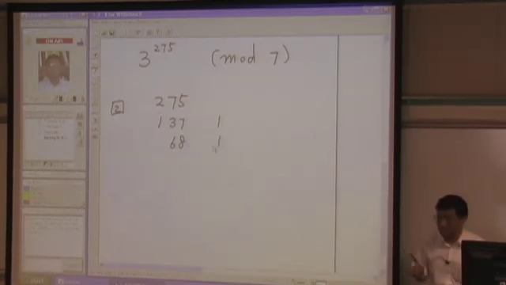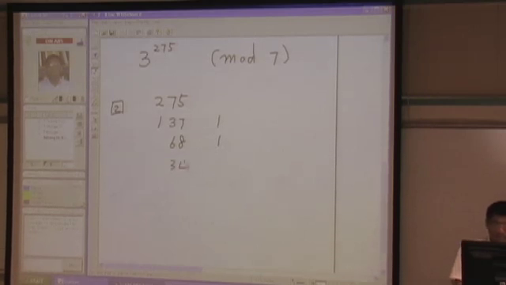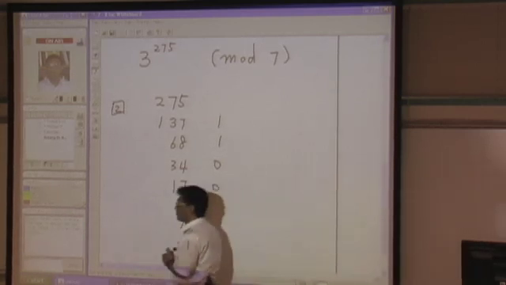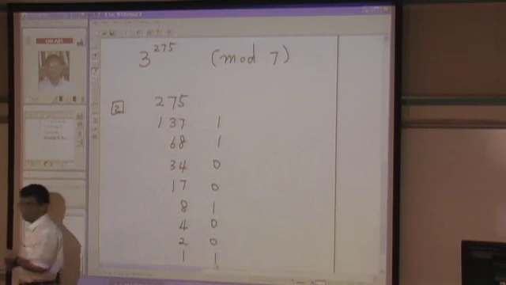If I make a mistake, please let me know. 34, and the remainder is 0. 17, remainder is 0. And then 8, remainder is 1. 4, remainder is 0. 2, remainder is 0. 1, remainder is 1. So I could find the binary representation of the given number.